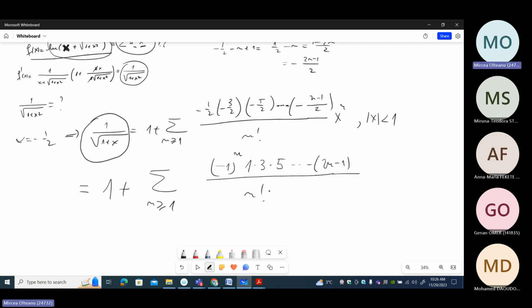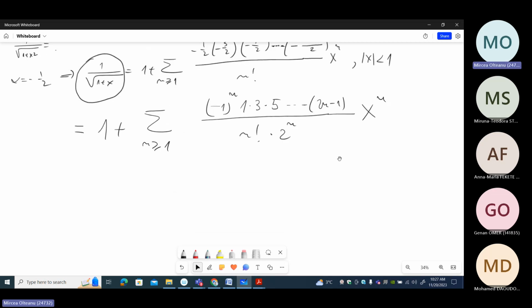Below we have n factorial, and from above we get 2 at n, from every parenthesis we get 2 at n. Times x at n. This is what we've got.